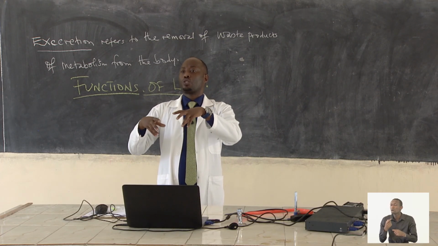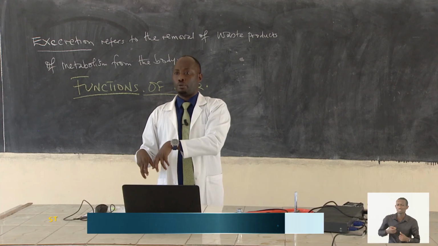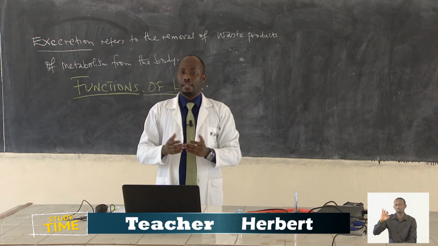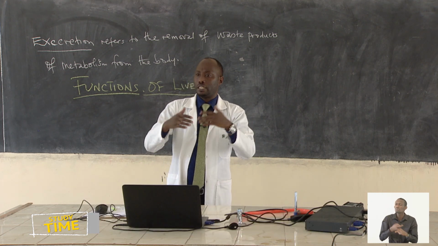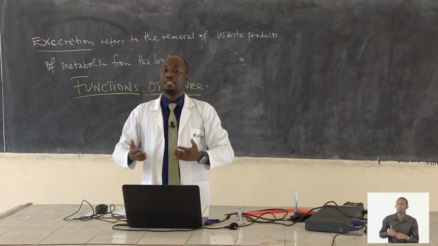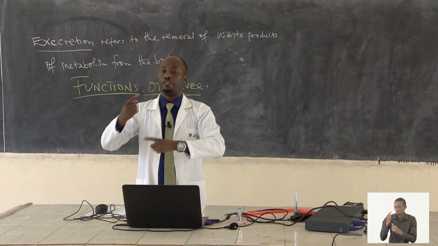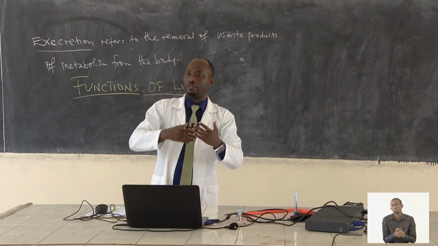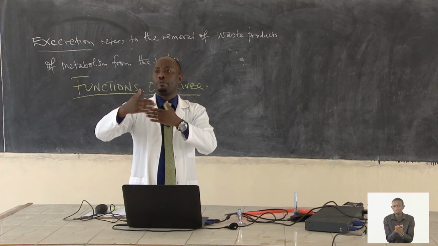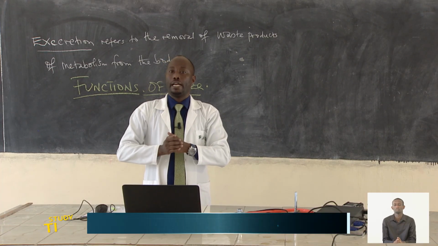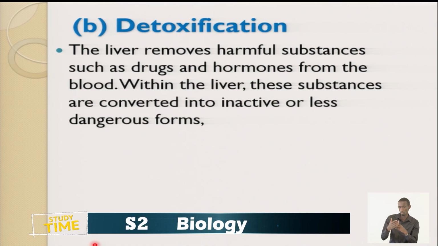The liver has to remove those drugs from the body by detoxification. Drugs and excessive hormones are converted within the liver into an inactive or less dangerous form, which would be less harmful to our body.